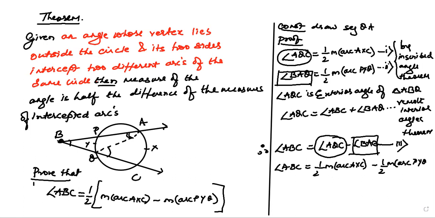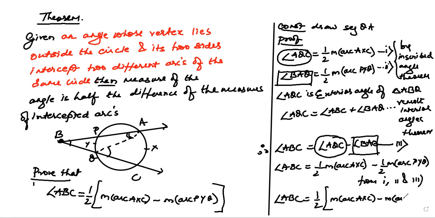I just put this reason from 1, 2 and 3. Okay, half is common, so I got my answer: angle ABC equals half, measure of arc AXC minus measure of arc PYQ. I think I got this, children.